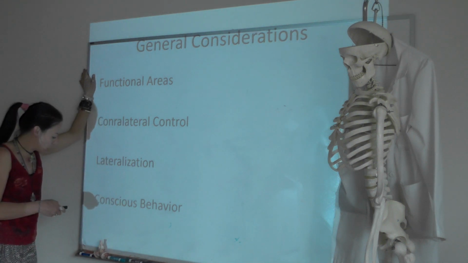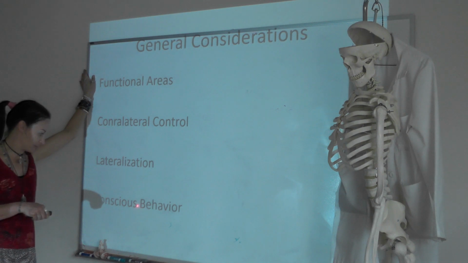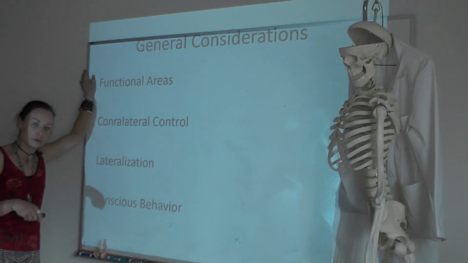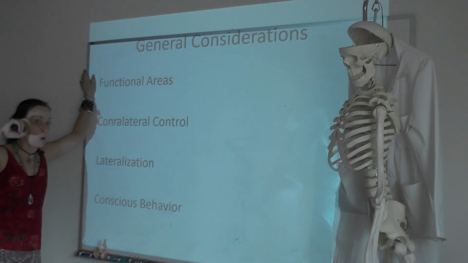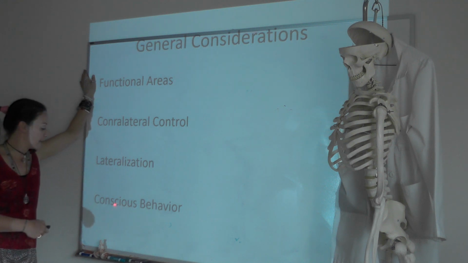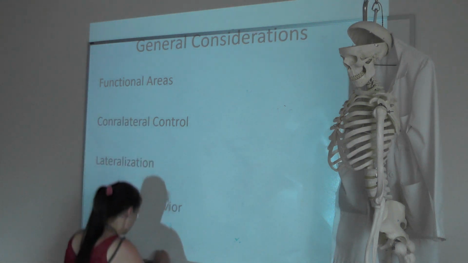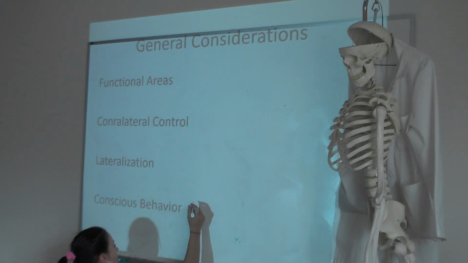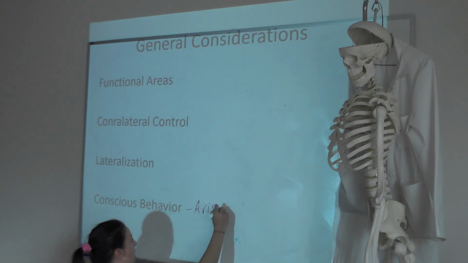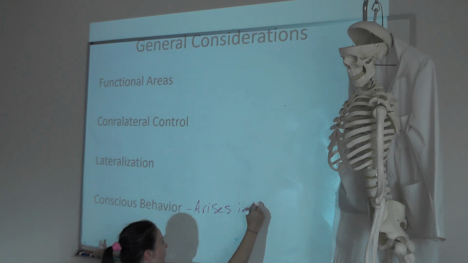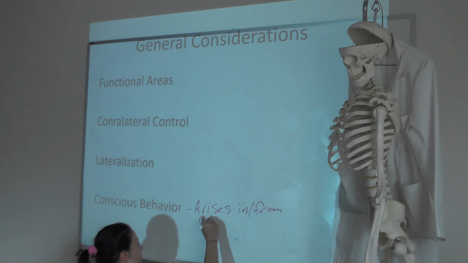So anything that you are initiating for conscious behavior or responding to is coming from or going to the cerebrum. And if it doesn't, then you're not conscious of it. So conscious behavior, we'll say, arises in or from the cerebrum.